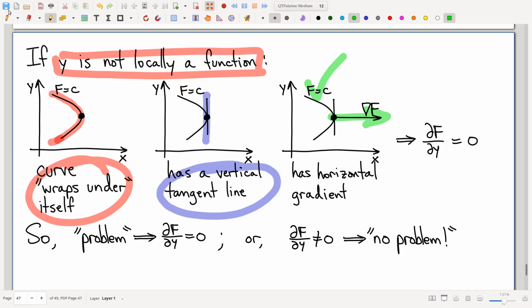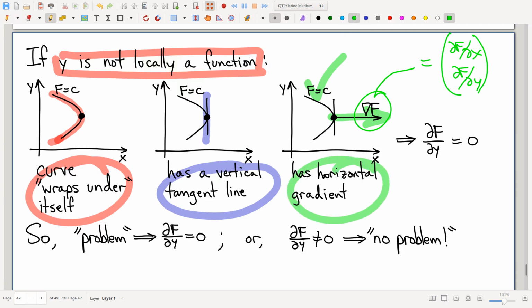And don't forget that the gradient is partial of f with respect to x, partial of f with respect to y. So saying that is horizontal means that the vertical part of it is 0.